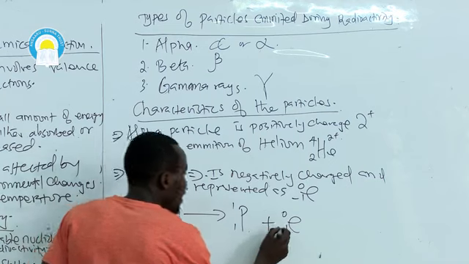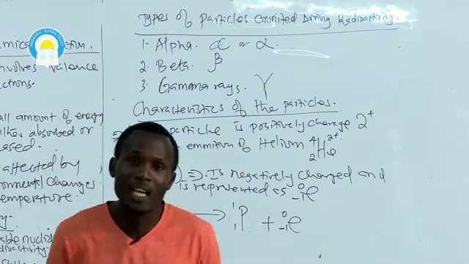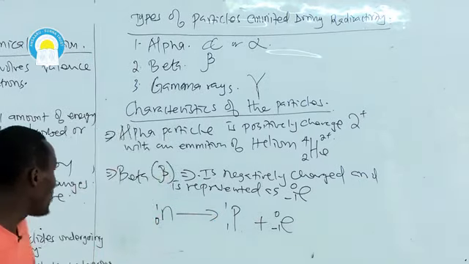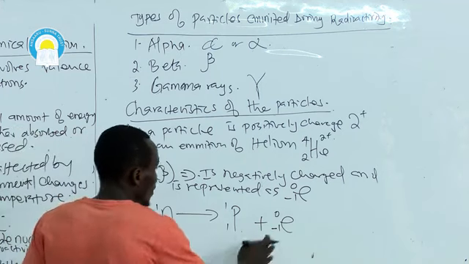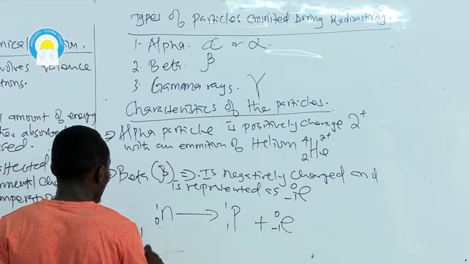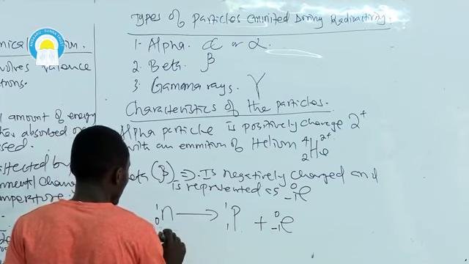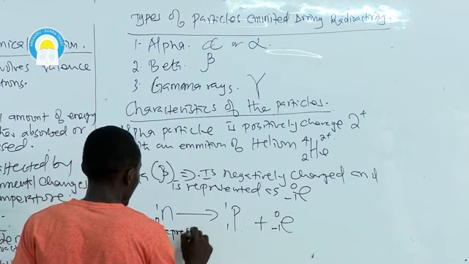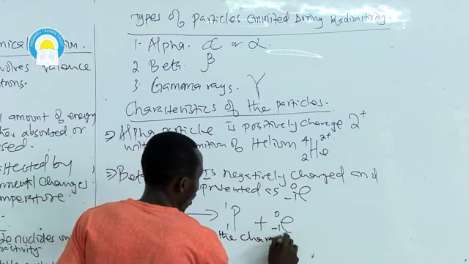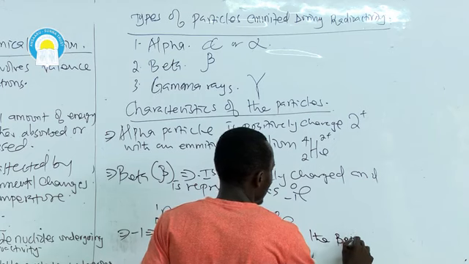This negative charge here does not represent the atomic number, but it represents the charge of the beta particle. So the -1 represents the charge on the beta particle.